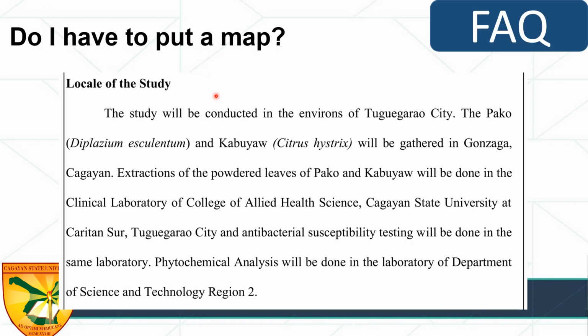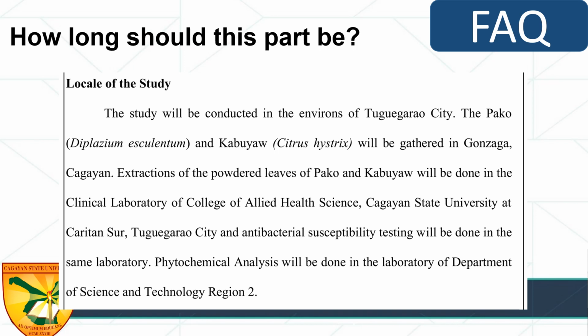So in this example, do I have to put a map? There's no need to put a map for this sample, and actually putting a map is optional. It's best to put a map if you have a large area and you selected samples in different sites. Again, another frequently asked question is, how long should the locale of the study part in Chapter 3 be?